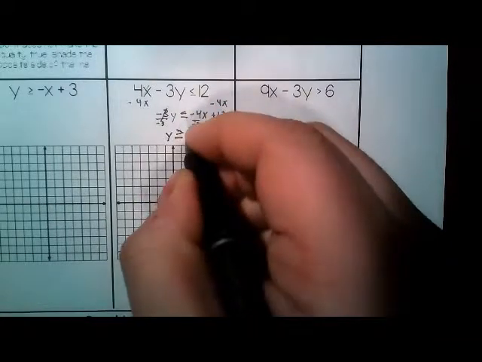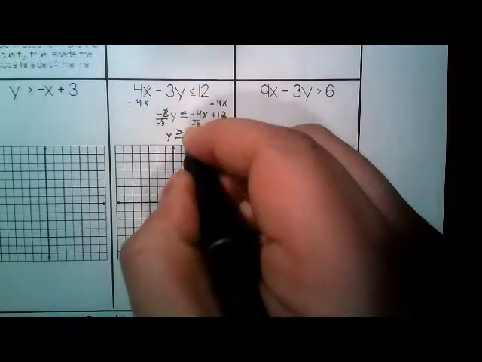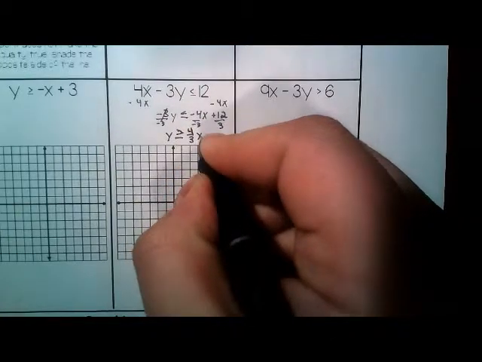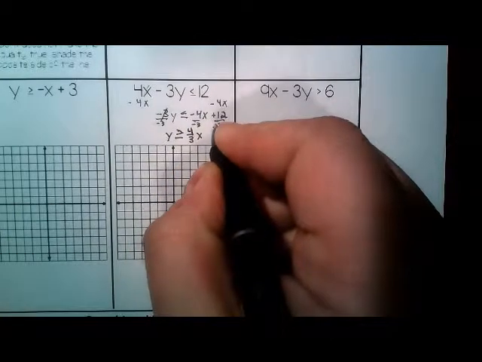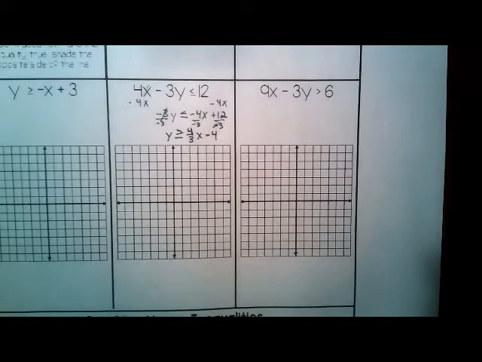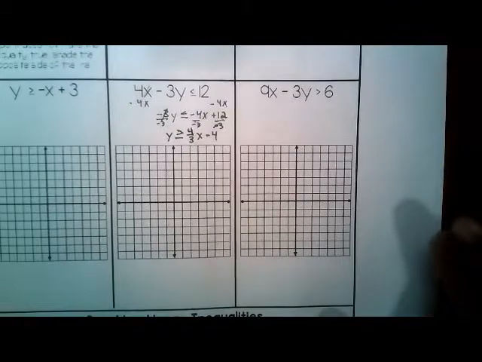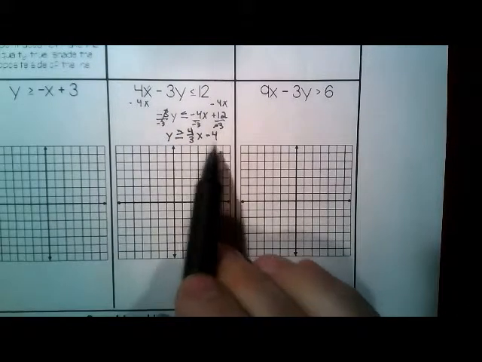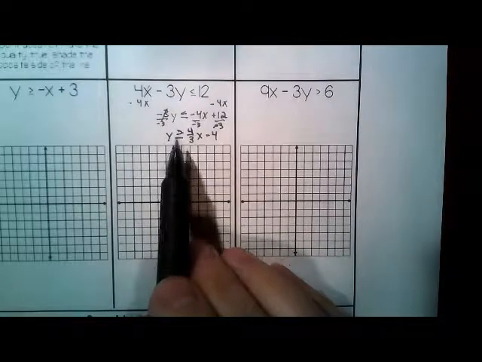Negative 4 over negative 3 is actually a positive number, so positive 4/3 x, and that should be negative, right, minus 4. So there's my line in slope-intercept form, and I'm graphing that just like if this were an equal symbol.